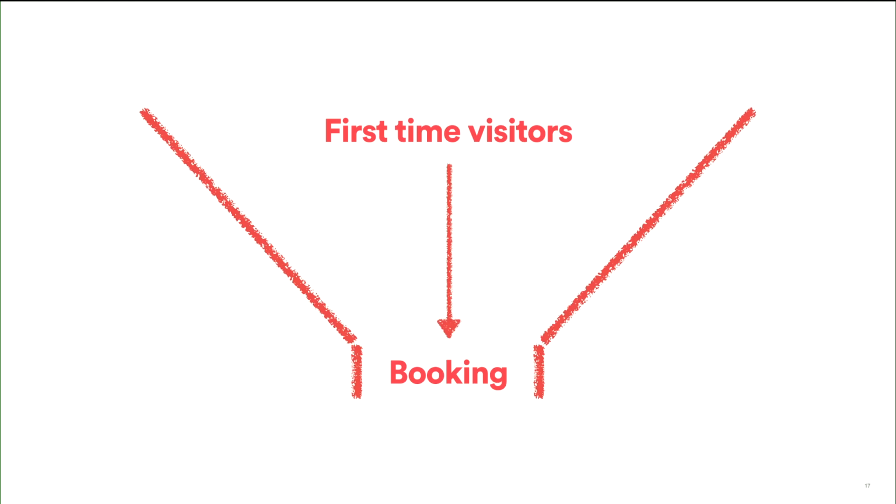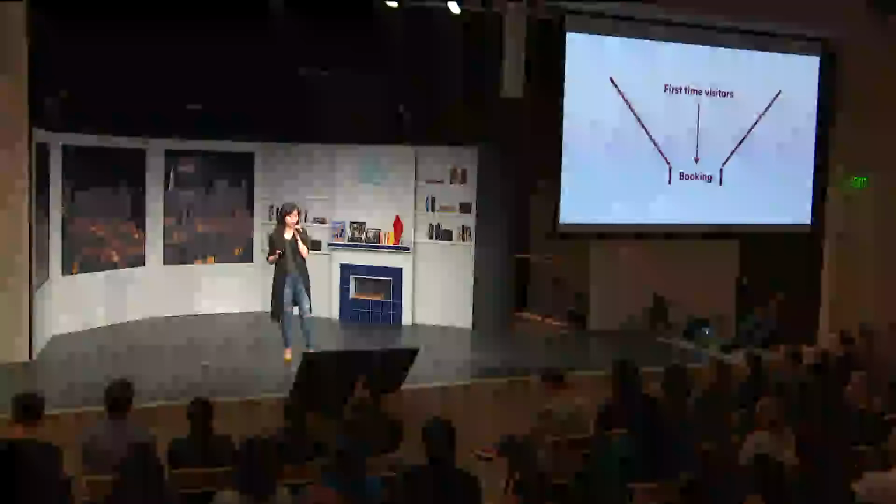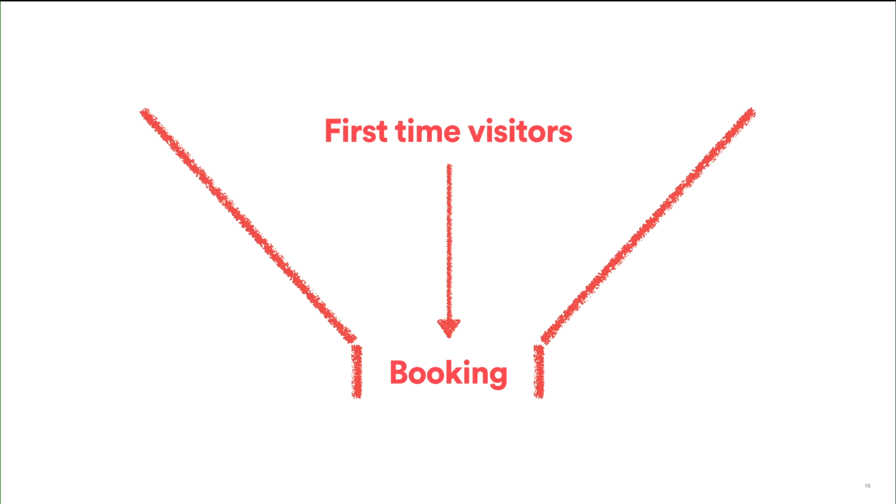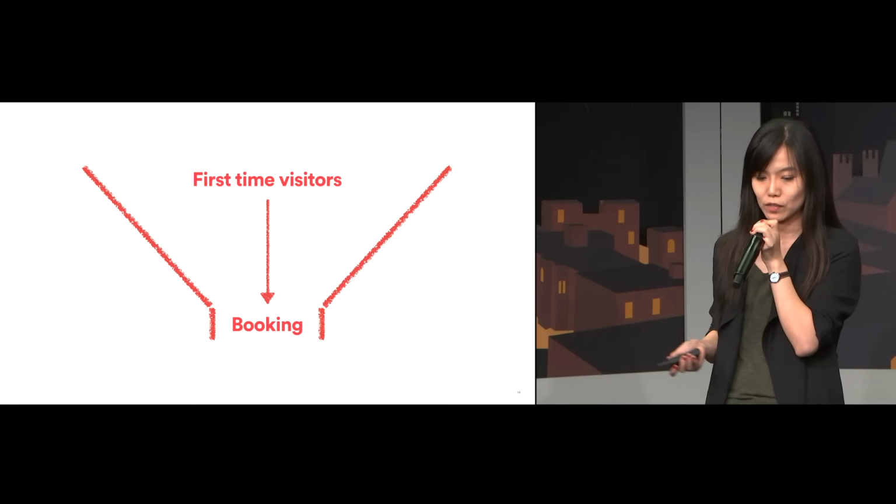Some of them will just be looking around, browsing, searching for homes and trips. Some of them will create an account and then contact the host. Then even fewer of them will actually make a booking. So for driving growth, our goal is to make the conversion rate as high as we can.